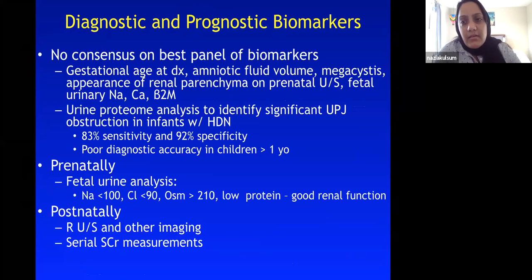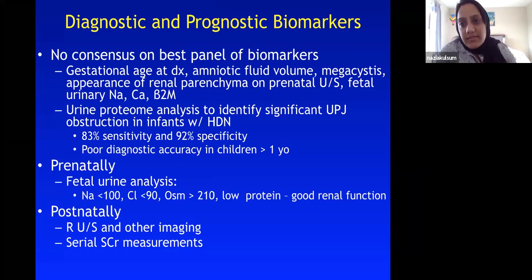Other than the sonogram and those other radiological tests that I mentioned, there's not much out there in terms of biomarkers. People do amniotic fluid assessment, amniocentesis, and there is definite data to suggest that if you have high sodium level or urinary sodium in the amniotic fluid, calcium or even beta 2 microglobulin, there is significant renal dysplasia.